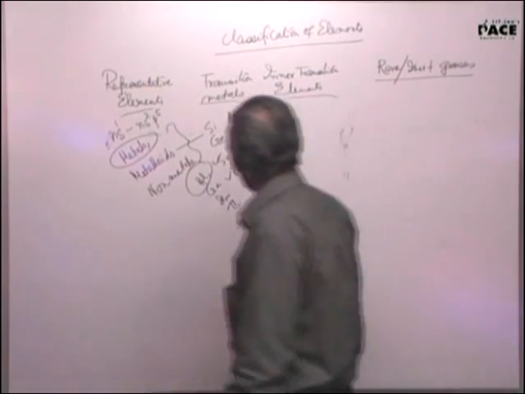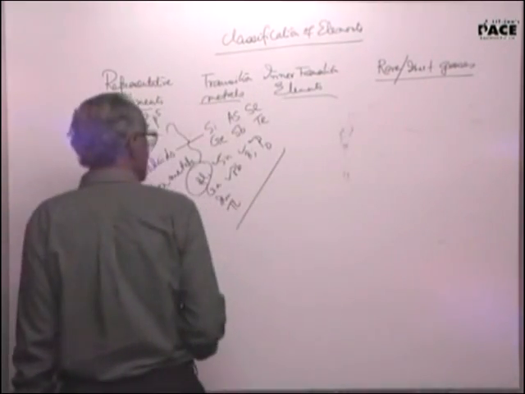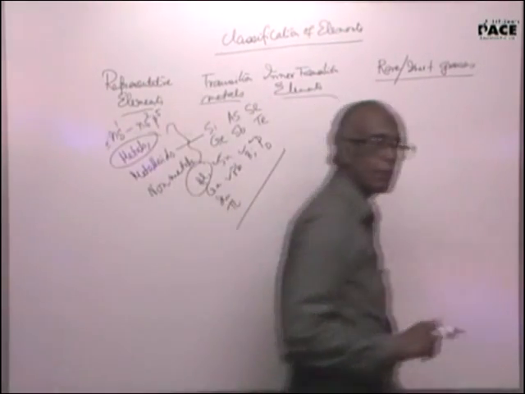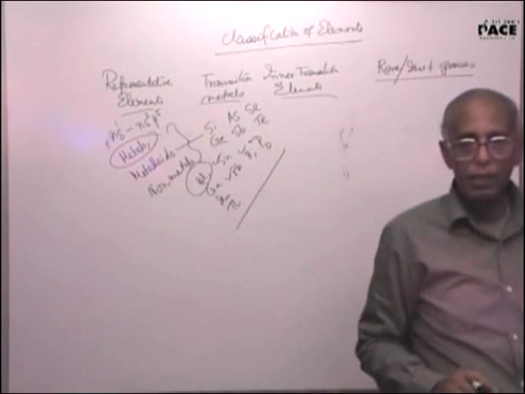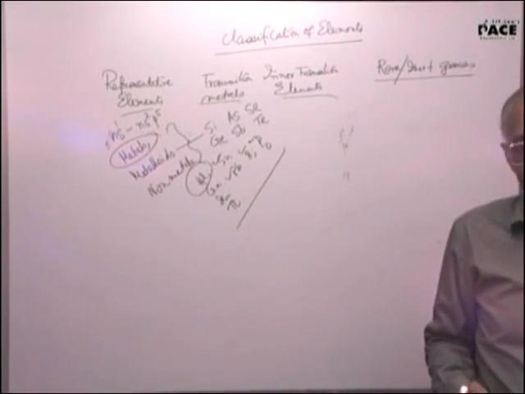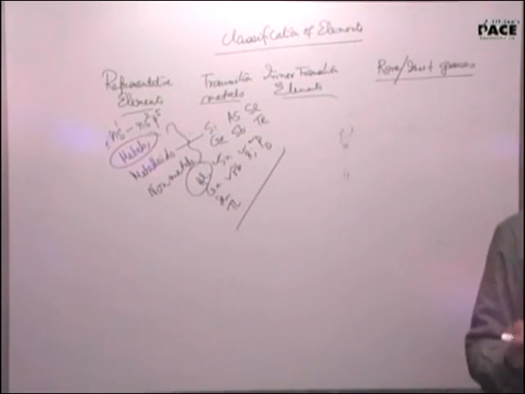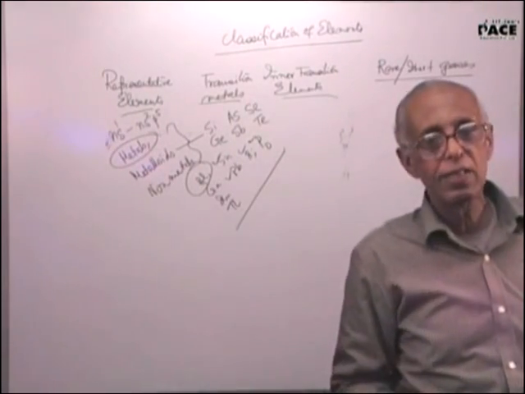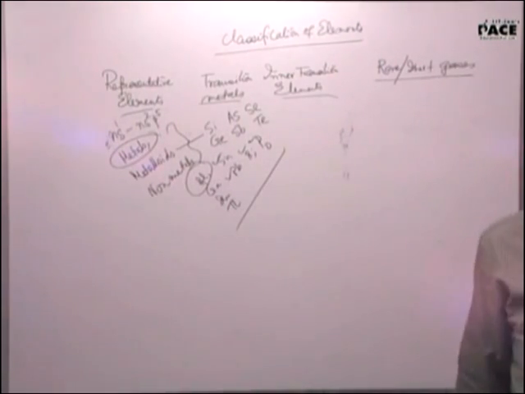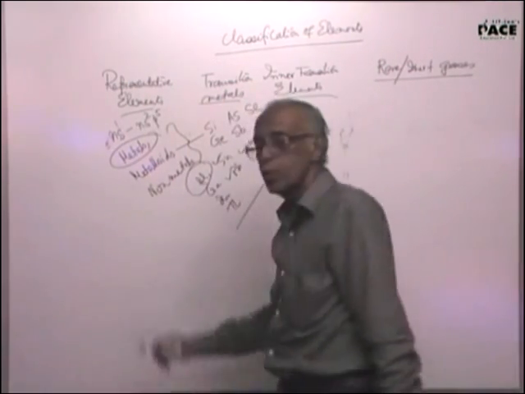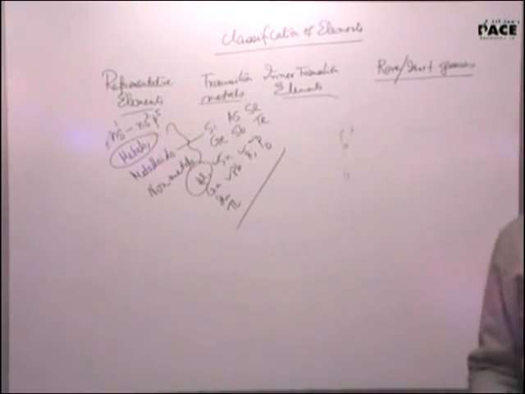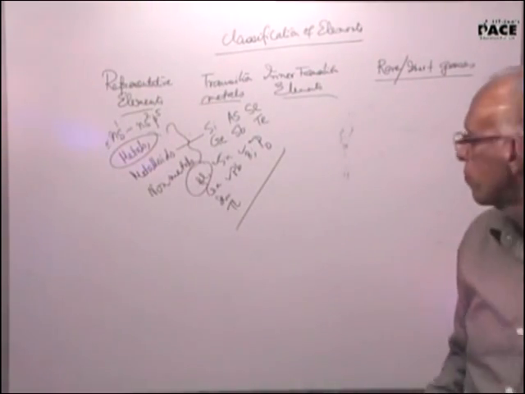So the group 1 and group 2 metals, the alkali and alkaline earth metals, form ionic compounds because their electronegativity is less and the electropositive character is very high, so they easily lose electrons to form cations. Similarly, aluminum is also highly electropositive. It loses 3 electrons to give you the aluminum 3+ ion.